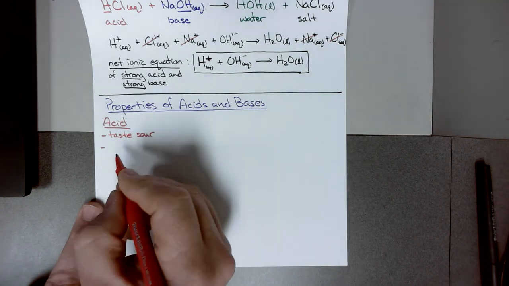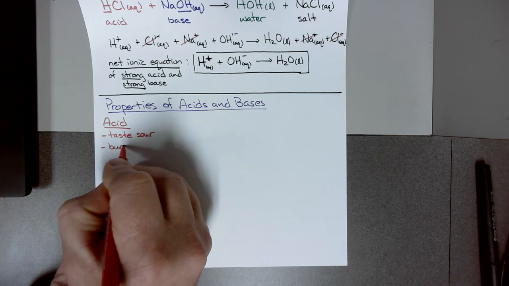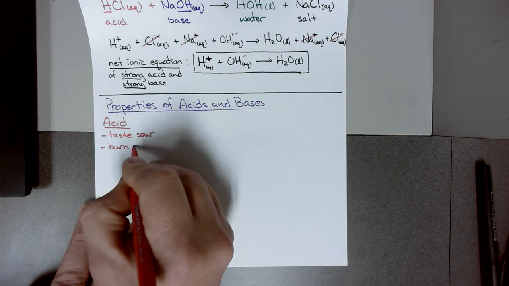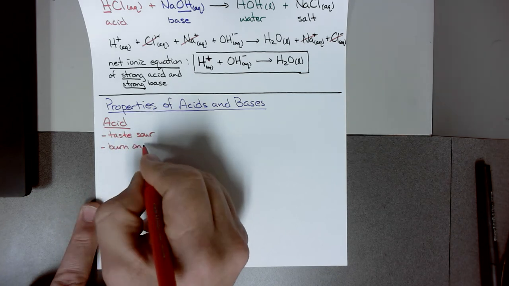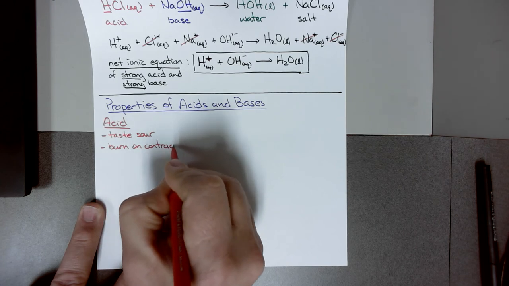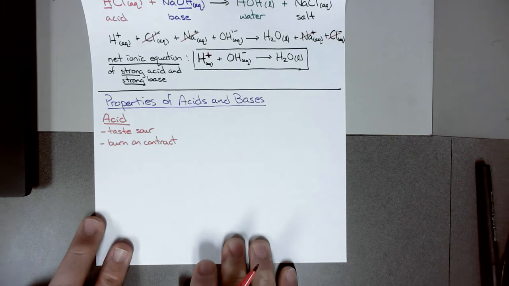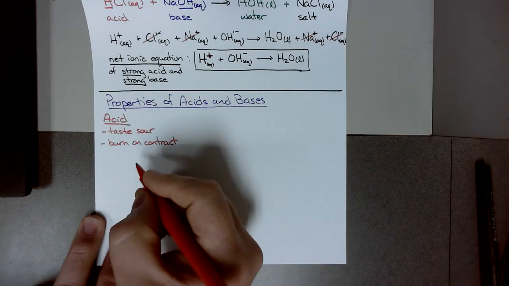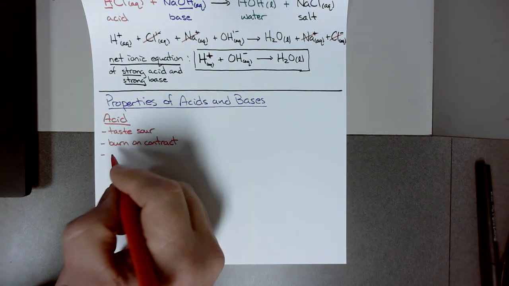Now, acids burn on contact, so they hurt when you get them on contact. So you should wash it off right away with water, so that you minimize the amount of burning that occurs. Acids react with most metals.